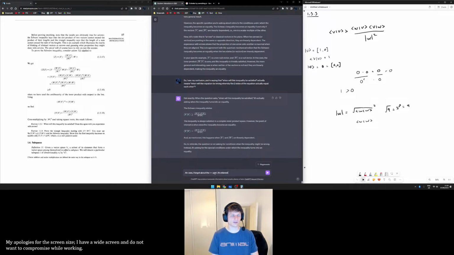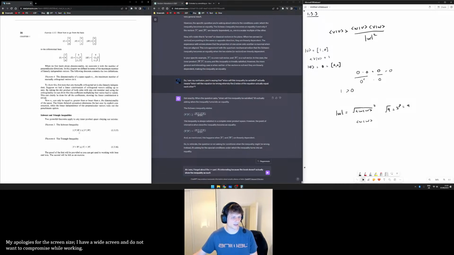It's interesting because the book doesn't actually show the inequality as such. I mean, maybe it does. I don't remember it really. The Schwarz inequality, the magnitude of VW. Oh, yeah, it doesn't.